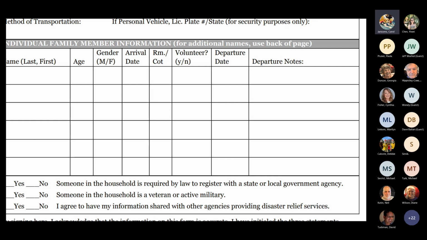We had a Navy chaplain there because we had several naval families involved, and we were able to get him okay to be here. Another part of that is the veteran or military question, and that's just because there are services, especially when casework comes in, that we can get for the military people that may be available for them. And then, I agree to share information with other agencies.